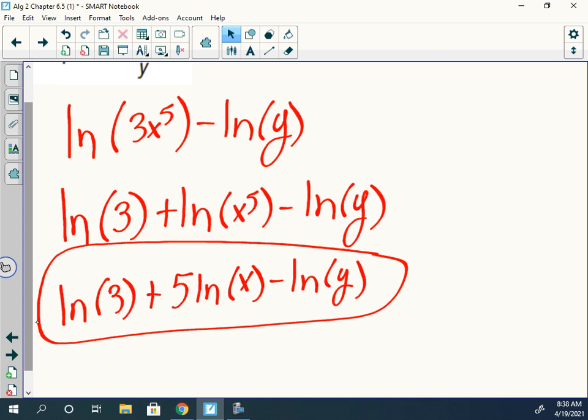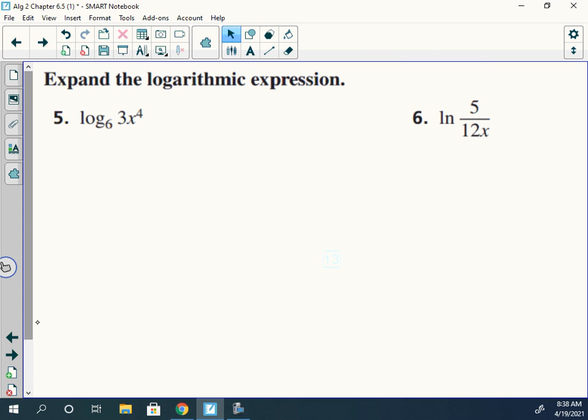Okay. Let's look at the next one. Let's look at number 5. So looking at problem number 5, what can we do first? I would not put the 4 in front first.